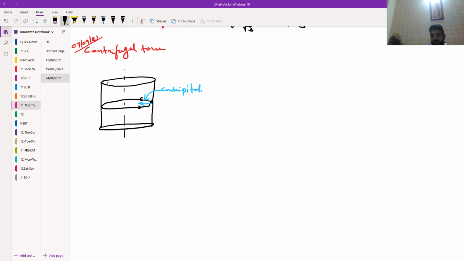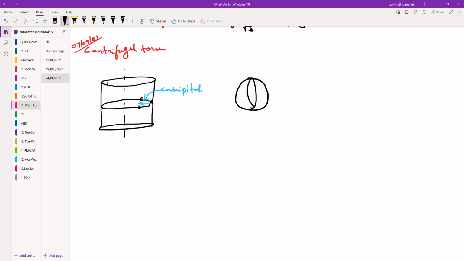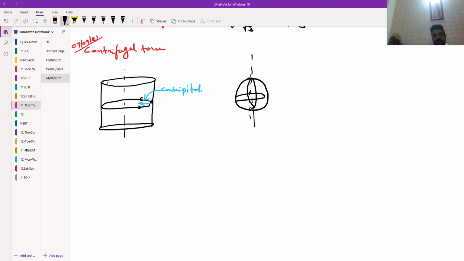Similarly, suppose this is our earth and the earth is rotating on its own axis with some angular speed, and you are on the surface of the earth. So now the system is rotating and you are on the system.